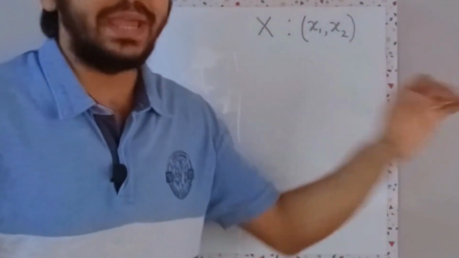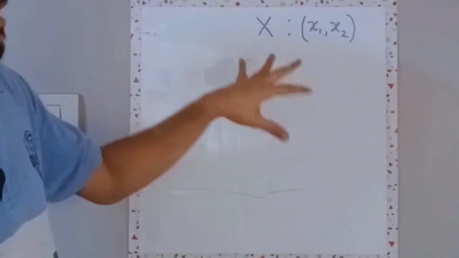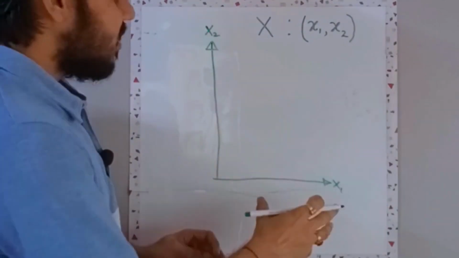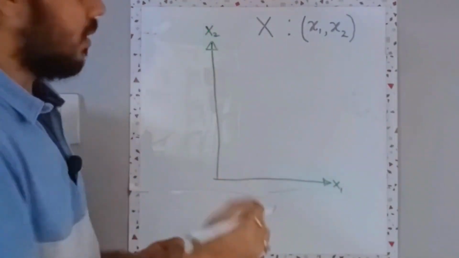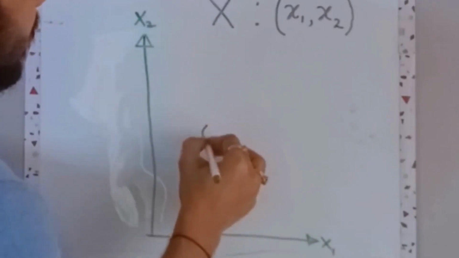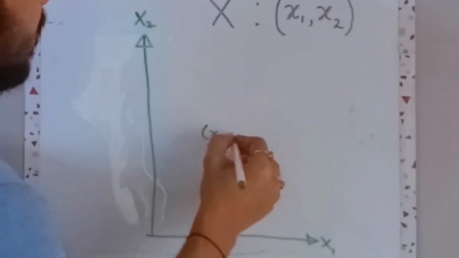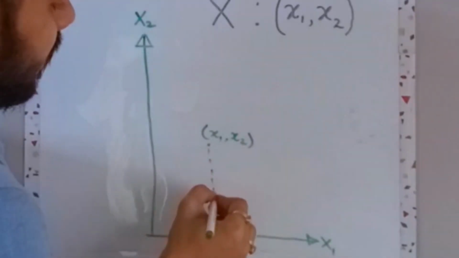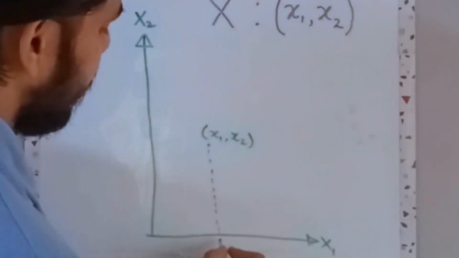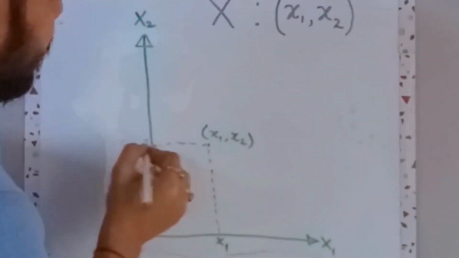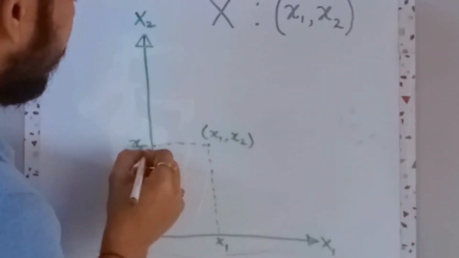For our case, we just have two goods, so X means the X1, X2 pair. Let us say you have a consumption bundle somewhere around here. This point is X1, X2. This thing over here is your X1 and this thing over here is your X2.